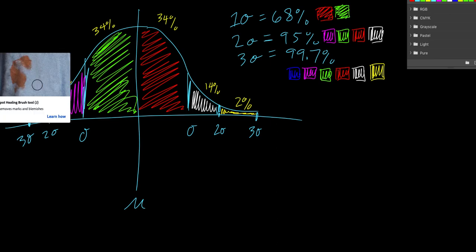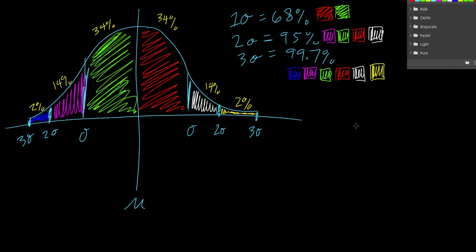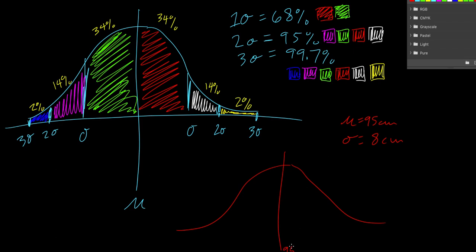Okay. The chest measurements of 18-year-old male rugby players are normally distributed with a mean of 95 centimeters. So mu equals 95 centimeters, and we have a standard deviation of 8 centimeters. So if we do this normal curve, this is going to be 95, and let's wait to see what they want.